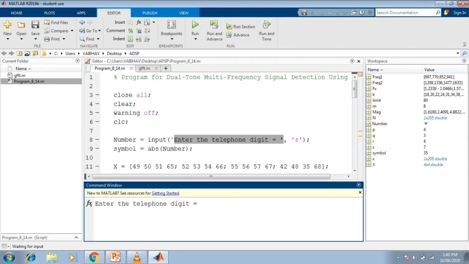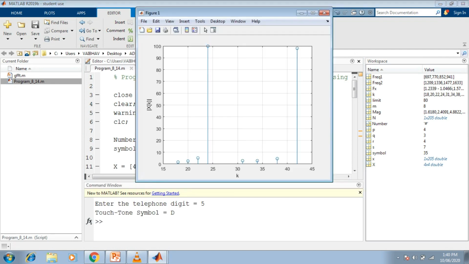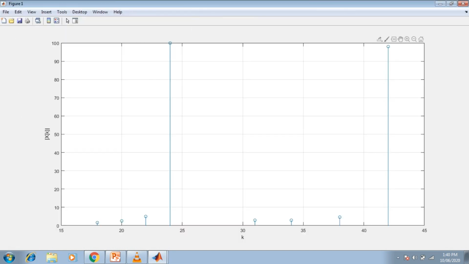Similarly, if we dial this one, we again get two frequency components. The first has x equal to 24 with amplitude y equal to 99.84, whereas for the next prominent component, x equal to 42, we have the amplitude 98.01.